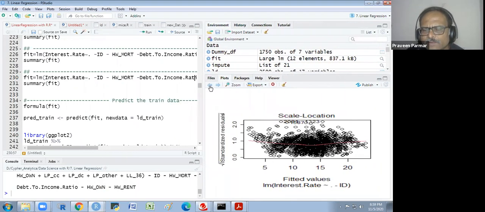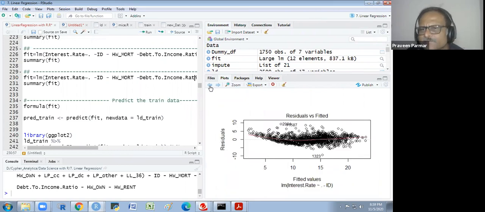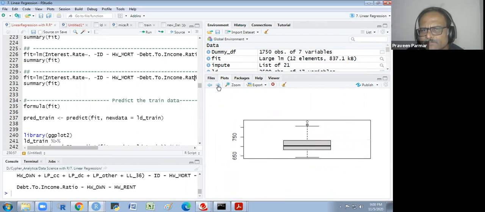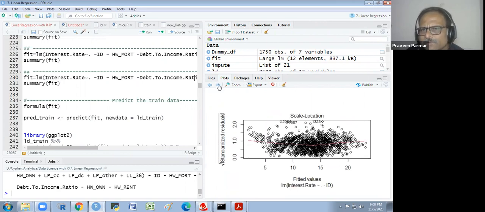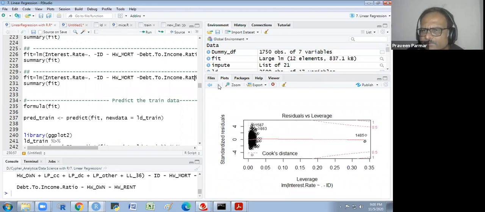All figures have a different interpretation. First, residuals versus fitted. Second, the QQ norm. Third, the standardized residual square root and the scale location. And the fourth one is residuals versus leverage.